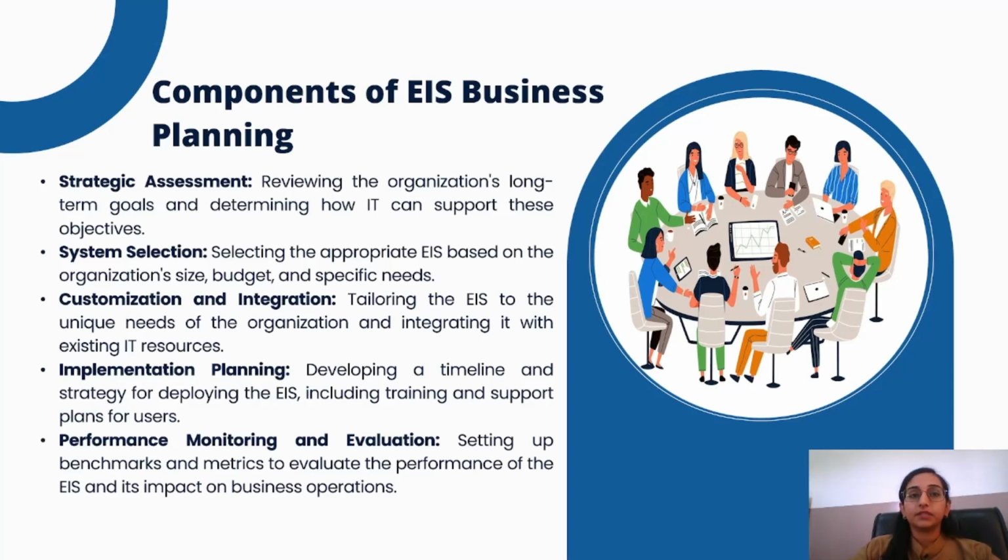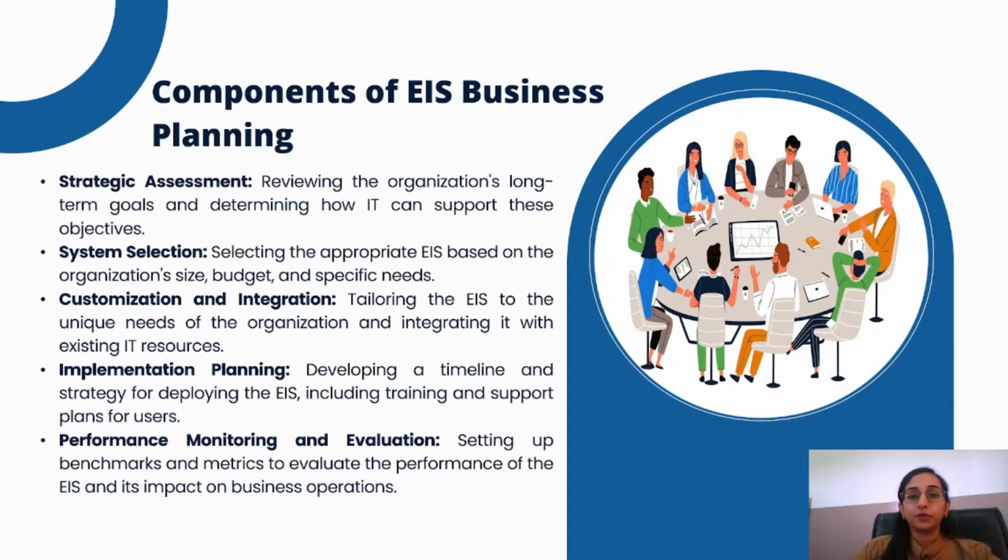Next key process is analyzing and reporting. Regularly analyze the collected data to assess the performance of the EIS against these set goals. Use statistical tools and software to process and visualize data, making it easier to identify trends, patterns, and areas of concern.